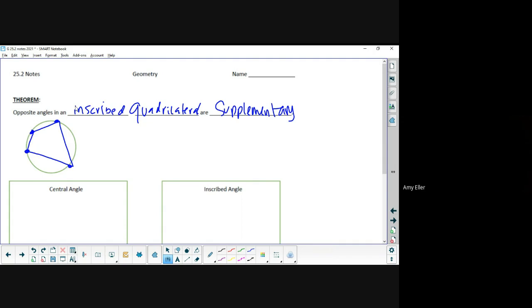That is an inscribed quadrilateral, 4 sides. And here's what the theorem says. Opposite angles in this are going to be supplementary.